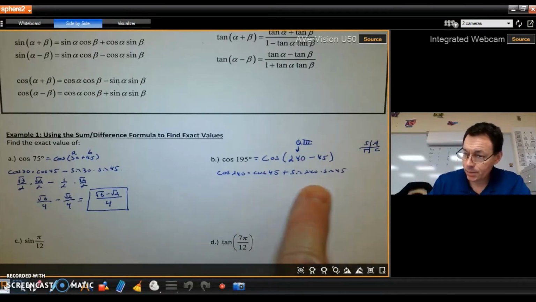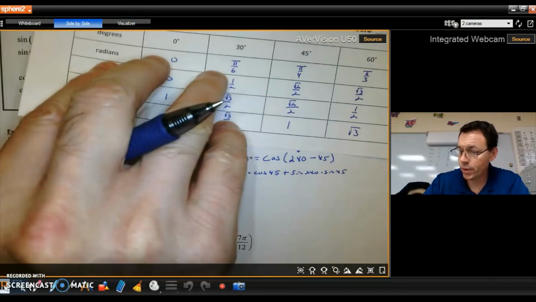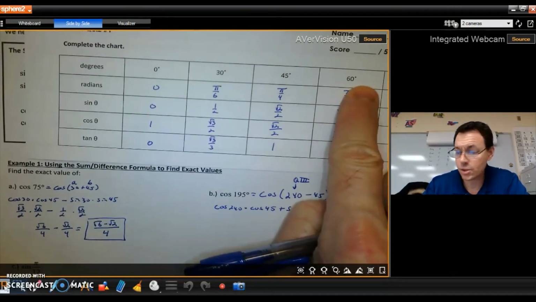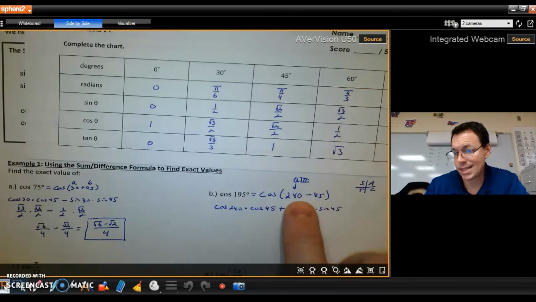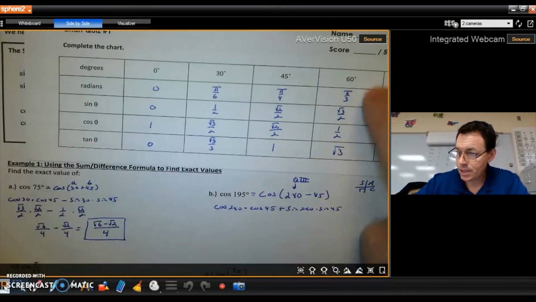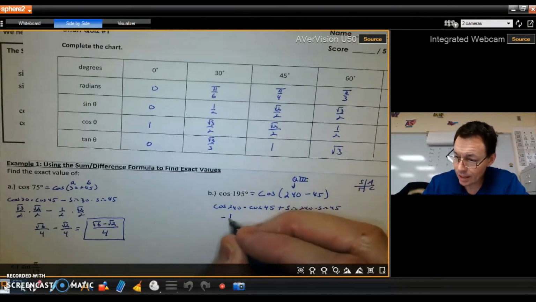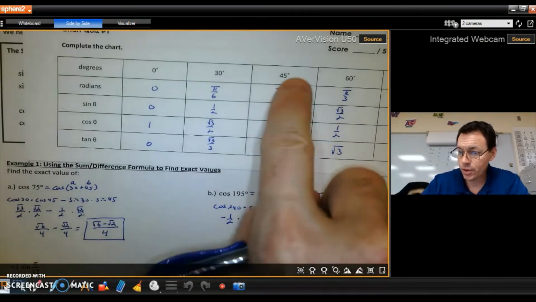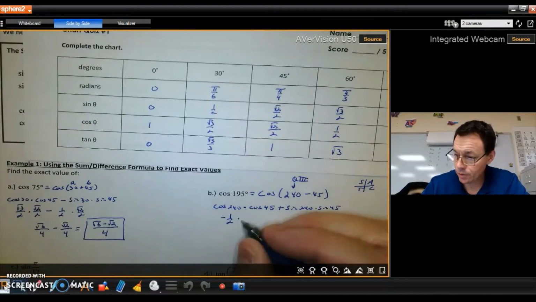So when I go to simplify down here, when I do the sine of 240, I'm going to be using my chart for 60 degrees, because that's the reference angle for 240. It's 60 past 180. But that actual angle is in quadrant 3. So the cosine of 60 is 1/2, but this is going to be negative 1/2. The cosine of 45, 45 is in quadrant 1, so we're good there. Radical 2 over 2.